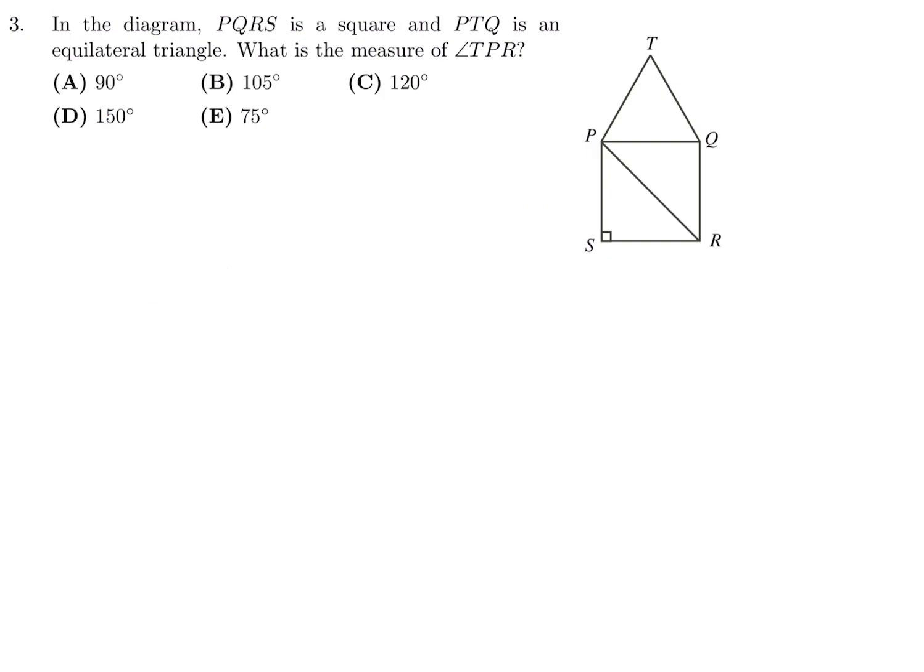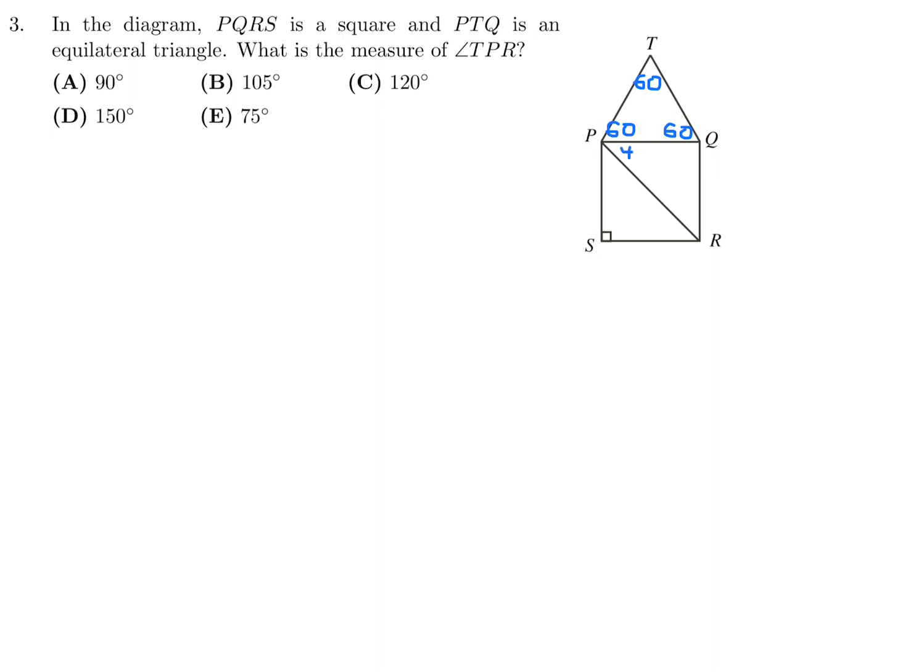In the diagram, PQRS is a square, PTQ is an equilateral triangle. What is the measure of angle TPR? Well, this is an equilateral triangle, so this would be 60, 60, and 60. This is a square, so this is 90, but we have drawn this diagonal PR, so that chops that angle into 45, 45.